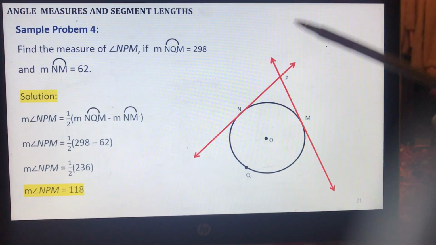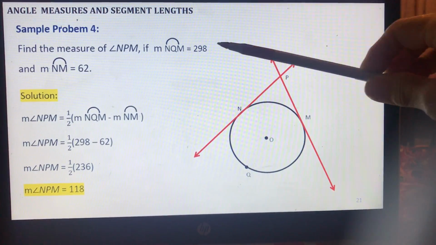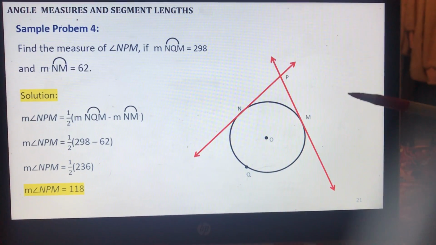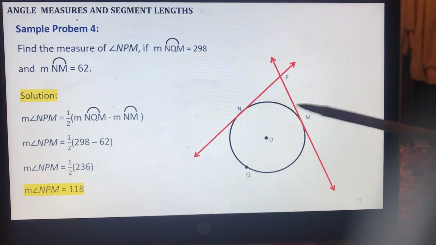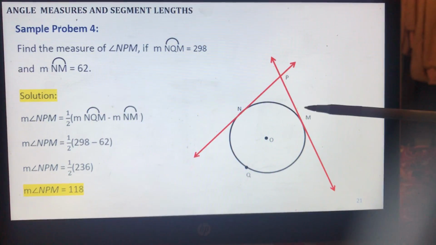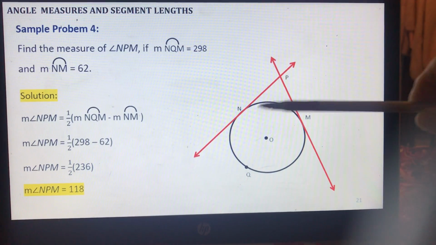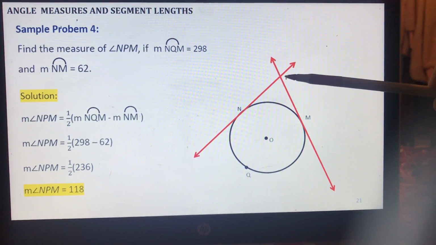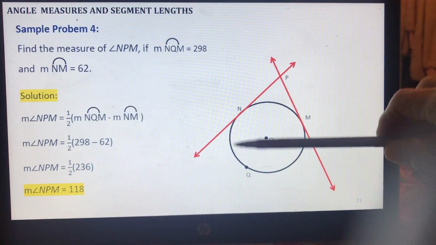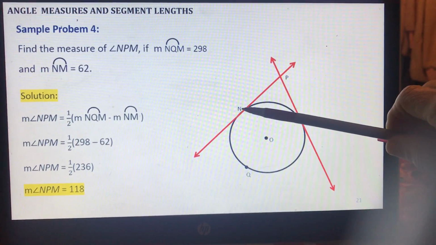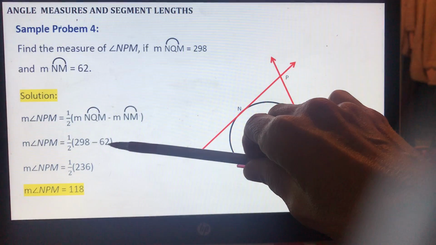So the solution is we simply substitute the measures of the two intercepted arcs in our equation according to Theorem 3, which tells us that the measure of angle NPM, the angle formed as a product of the intersection of the two tangents, is going to be 1/2 of the measure of NQM, which is 298, minus the measure of arc NM, which is equal to 62.